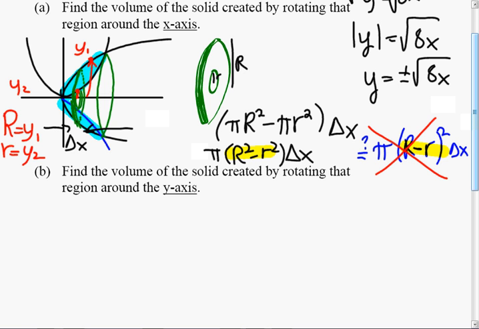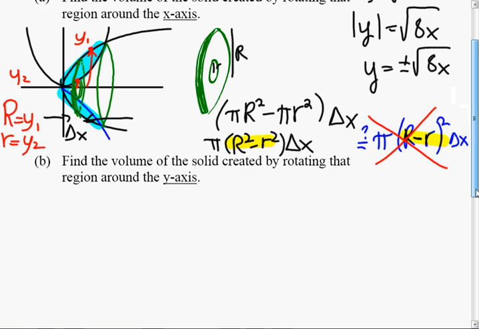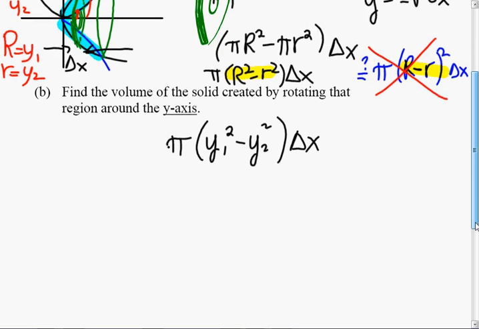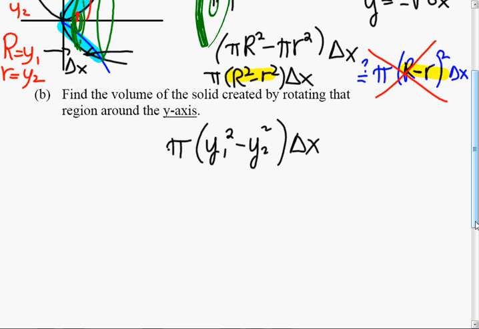We'll do this one in a moment, but I'm just going to work down here. So I'm going to get pi big radius squared minus little radius squared delta x. And now I'm going to integrate. That's just for one of those washers. And these are washers, right? They look like this.